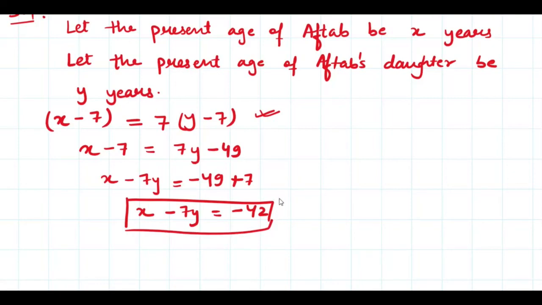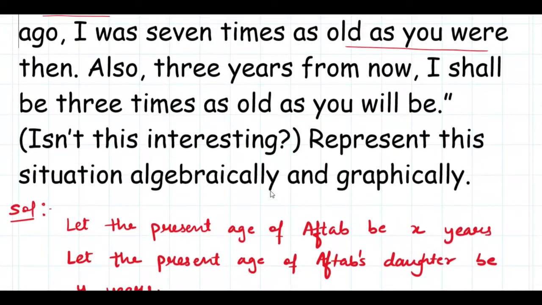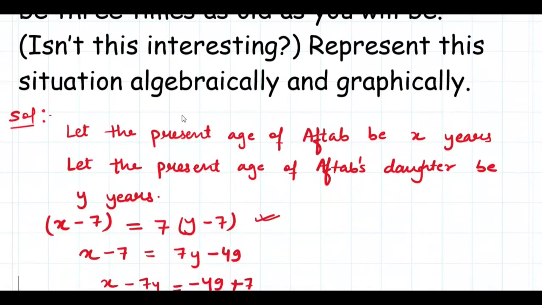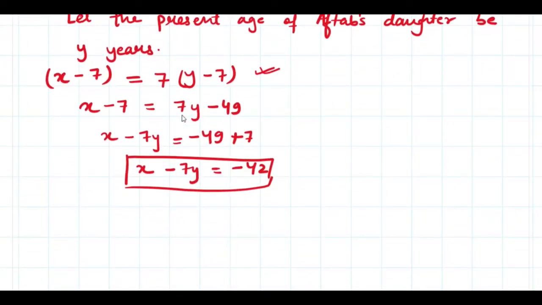Now let us construct the second equation by this statement. And the second statement reads that 3 years from now, I shall be 3 times as old as you will be. That means after 3 years, age of Aftab is 3 times that of his daughter. So present age of Aftab is x.